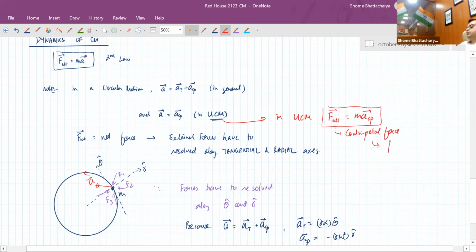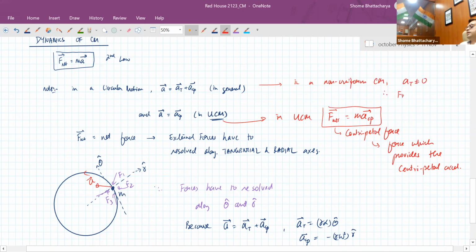In other words, it is the force which provides or creates the centripetal acceleration. Whereas in a non-uniform circular motion, tangential acceleration will be non-zero.